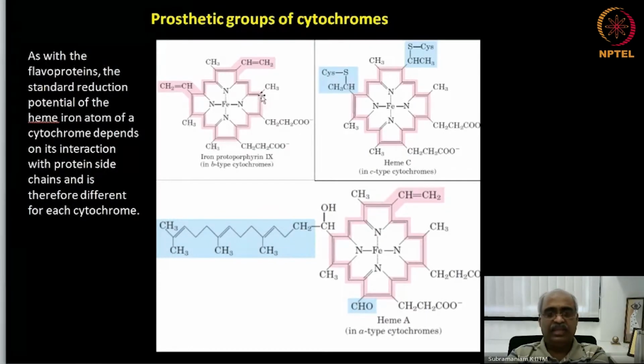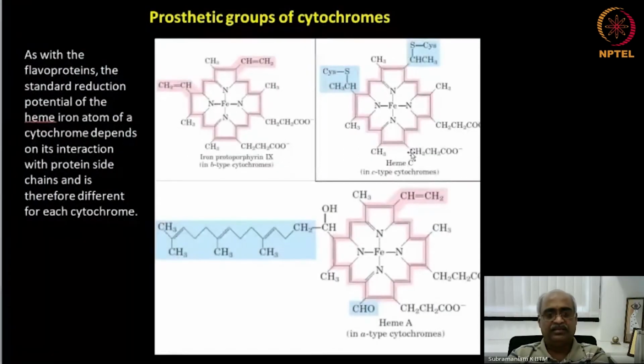They vary a little bit. This one has a long isoprenoid hydrophobic side chain, and this has two double bond structures in the b type. This is protoporphyrin 9, this is heme C, and this is heme A, slight variations in their structures.